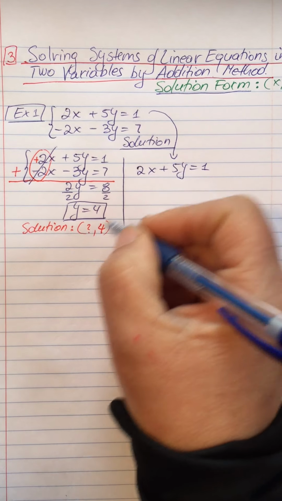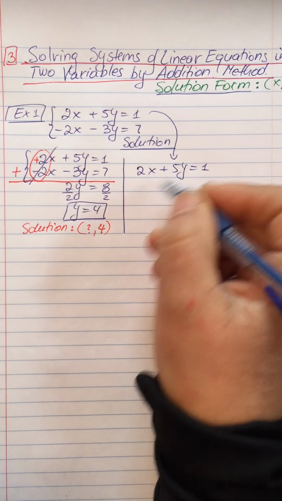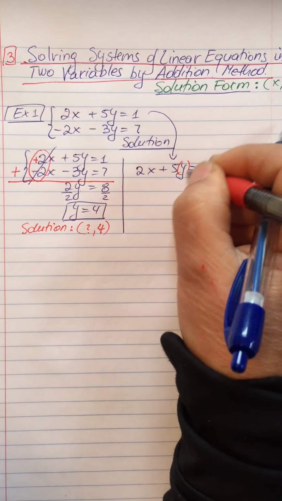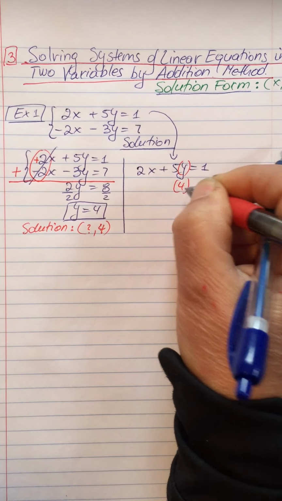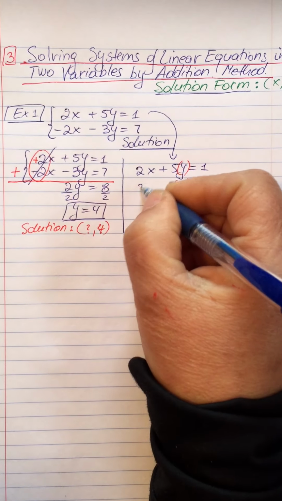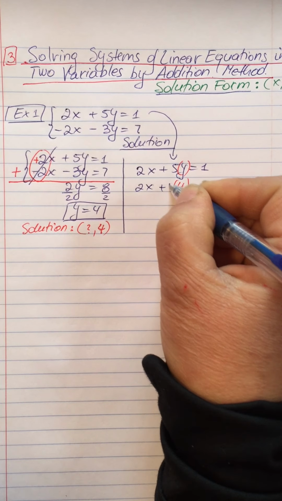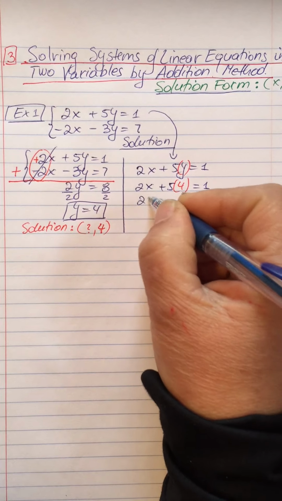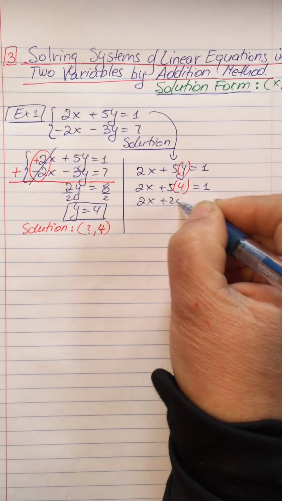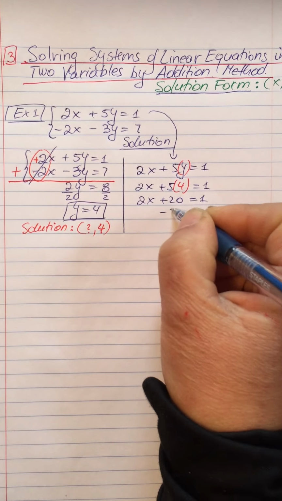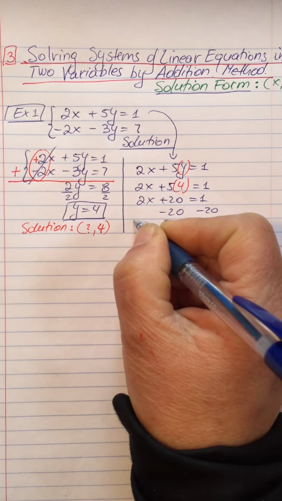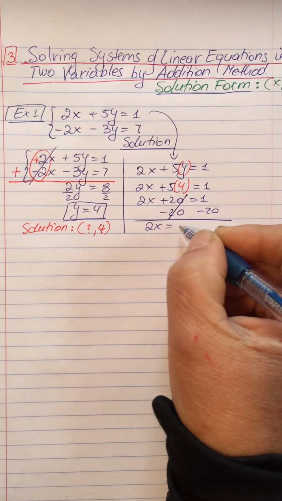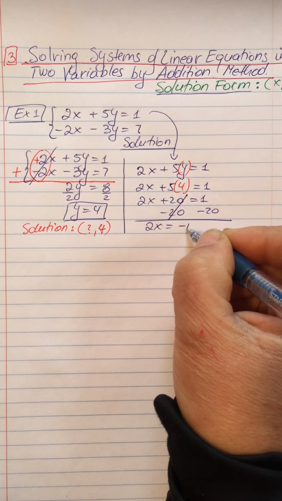And let's substitute y with 4. So let's replace y with 4. And we have 2x plus 5 times 4 equals 1. So I have 2x plus 20 equals 1. Subtracting 20 from both sides, I have 2x equals negative 19.